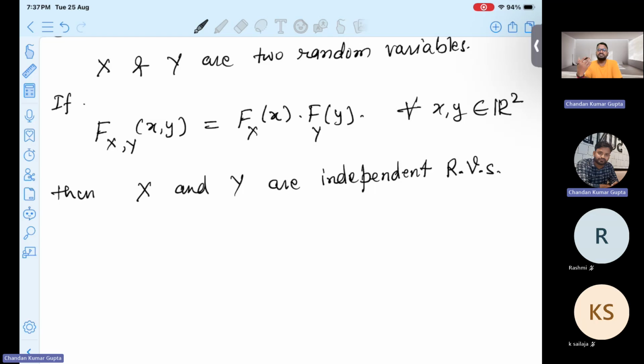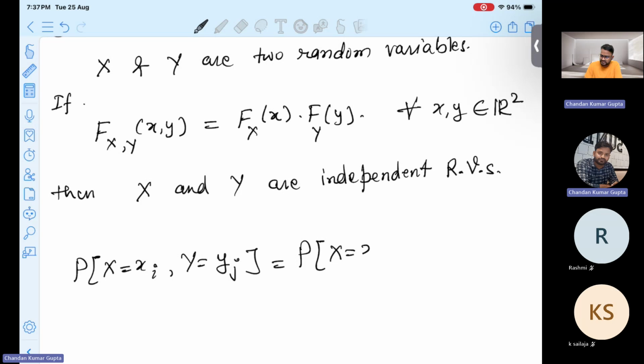Also, in the discrete case, we can replace it like this: the probability that X equals xi and Y equals yj is the probability that X equals xi times the probability that Y equals yj.